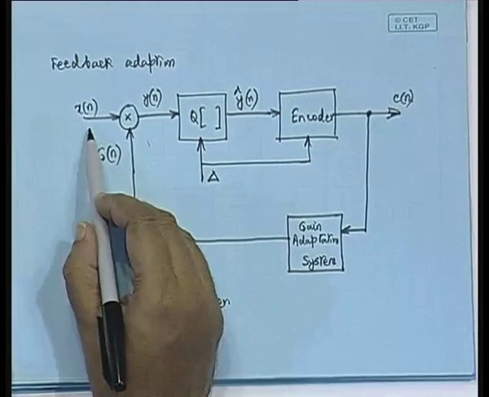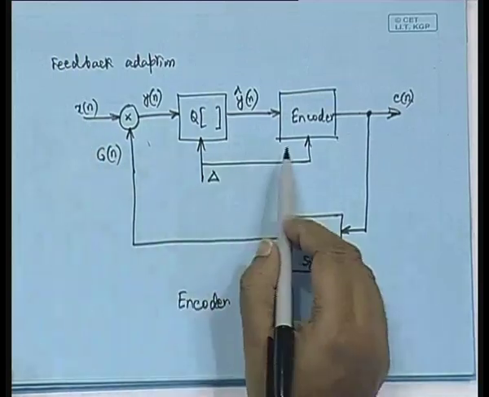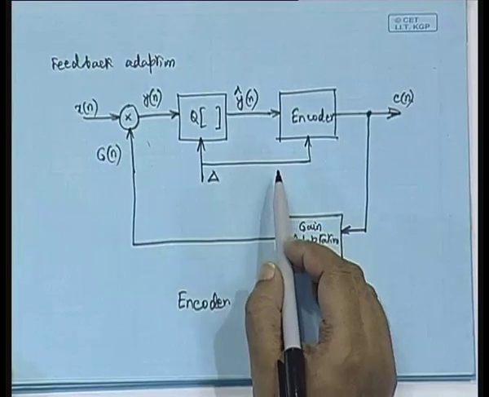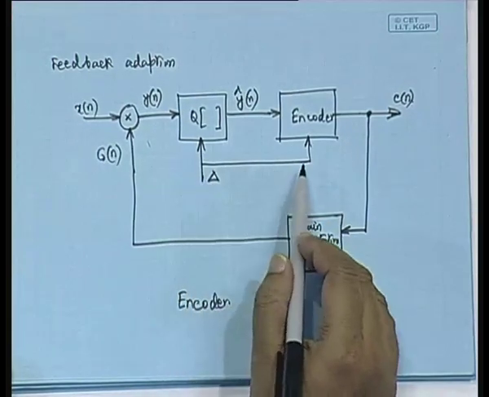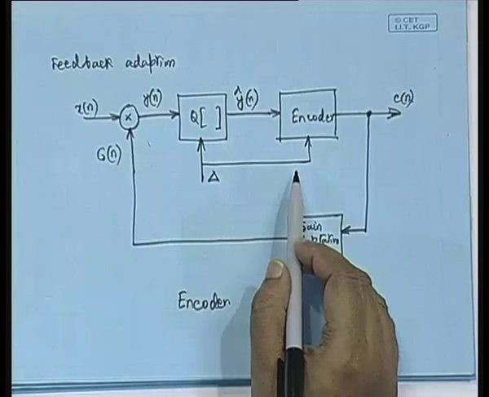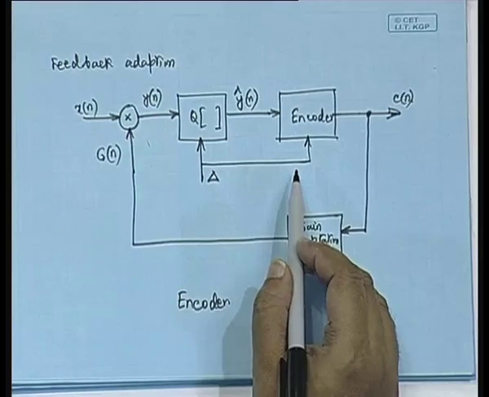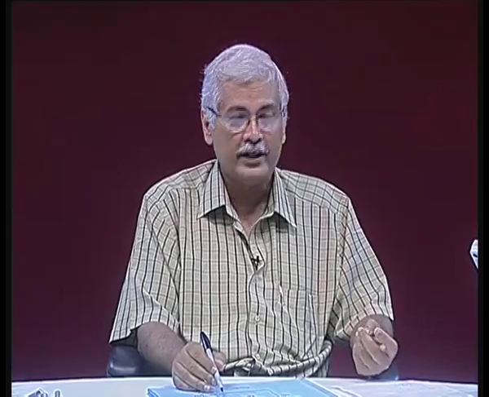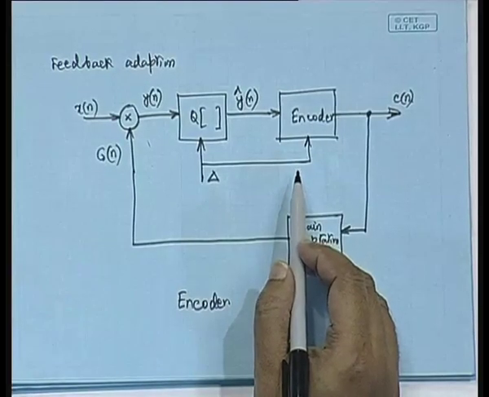Whereas earlier we were deriving our estimate directly from X of n, here we will be deriving the estimate from the quantized value. So there is a question of quantization noise, and whenever we are implementing this in circuit, the step size delta we are having may not be the exact desired value of delta. As a result, there will be some errors in the code word.